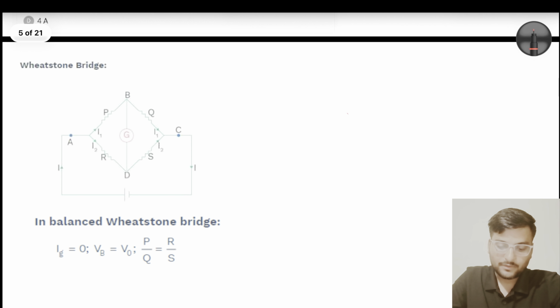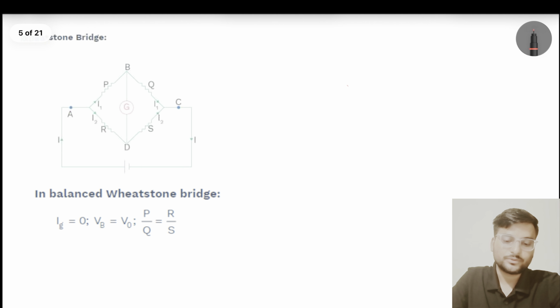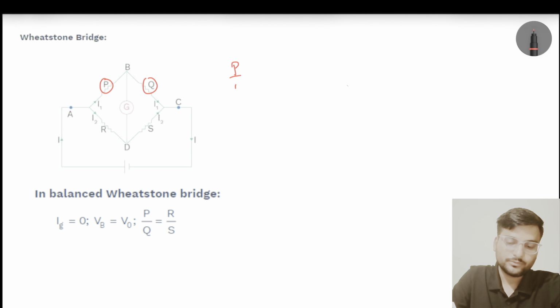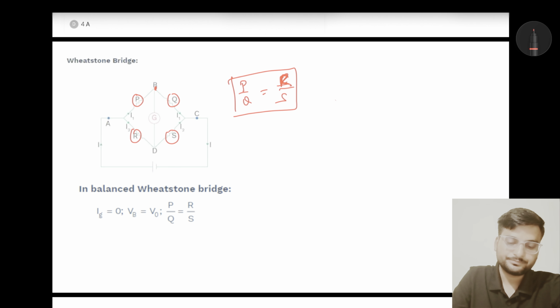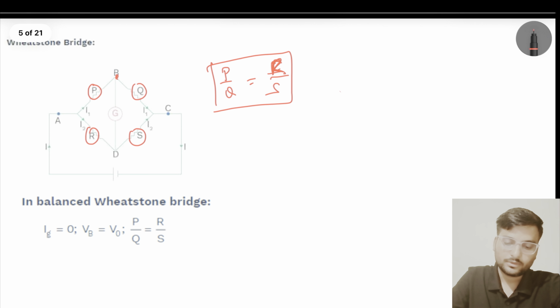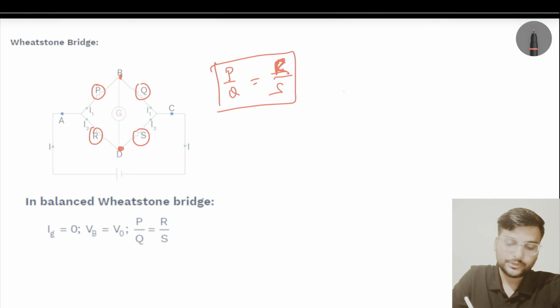So here, what is the method of Wheatstone? When the ratio P by Q and R by S are the same, then we can say that it is a balanced Wheatstone bridge. In this case, the potential at these two points will be the same.